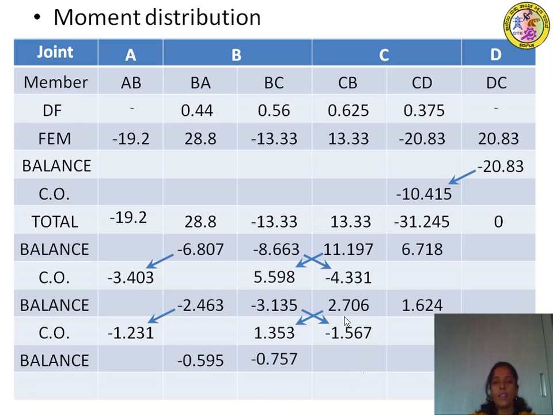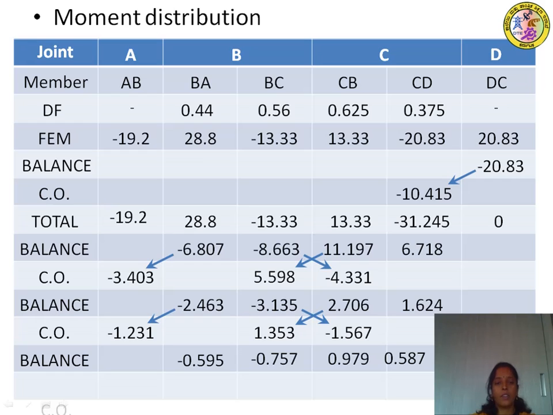Next, joint C is imbalanced by minus 1.567. Therefore, the balancing moment will be plus 1.567. So, 1.567 into 0.625 will be equal to 0.979, and 1.567 into 0.375 will be equal to 0.587. So, that is the balancing of joint B and C.